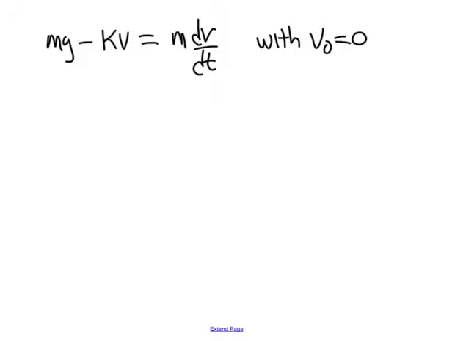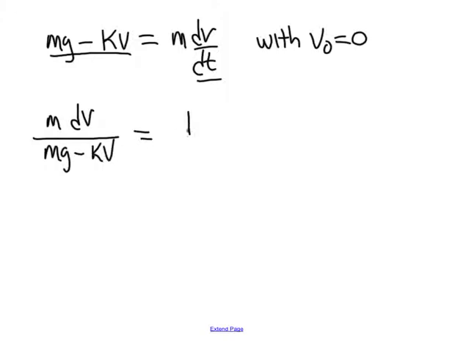So what I'm going to do is divide both sides of the equation by this expression, and then multiply both sides of the equation effectively by the differential of time. So what we're going to have is m dv divided by mg minus kv, and that's going to simply equal dt.